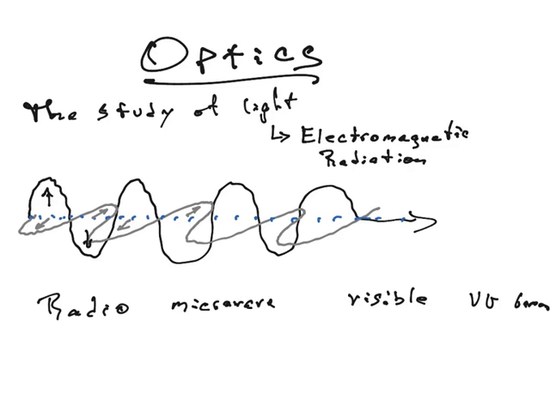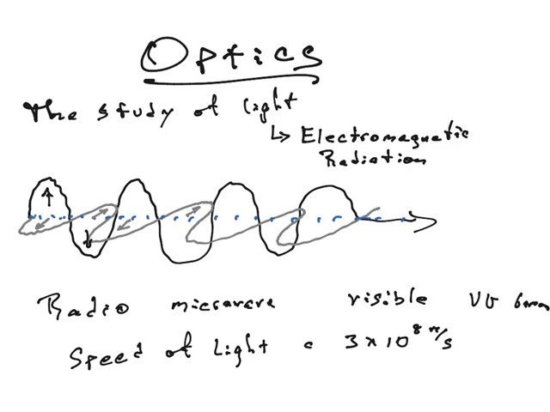What's important? Light always moves at the speed of light, by definition. The speed of light has a very special variable, c. And it's basically, just rounded numbers, 3 times 10 to the 8th meters per second. That's how fast light travels.